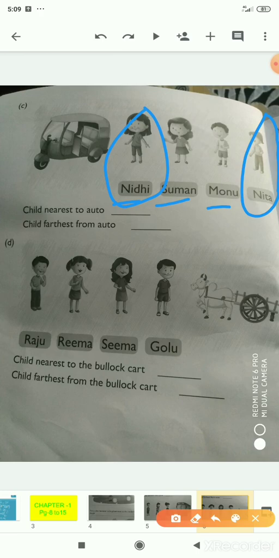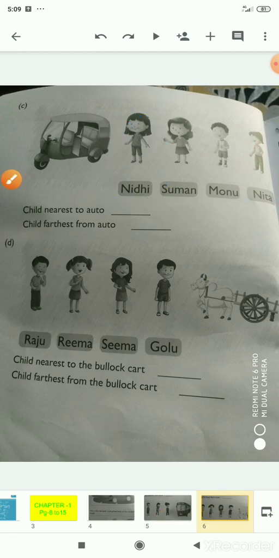The one who is standing at first is nearest, and the other one who is standing at last is farthest. So here we got our answer: in the first blank we have to write Nidhi, and in the last blank we have to write Nita. Okay, again, now in place of the auto we have an ox cart.